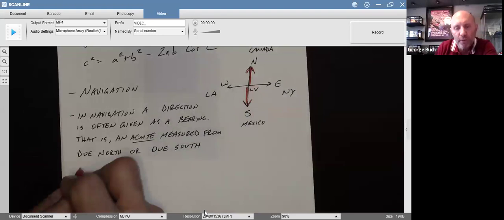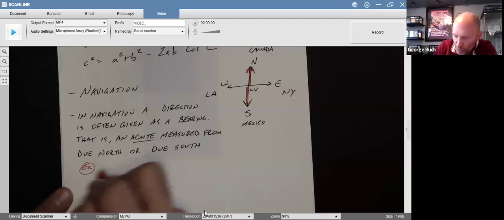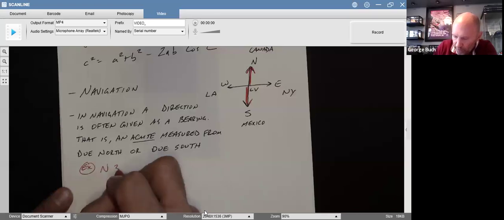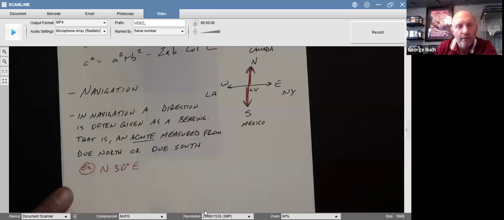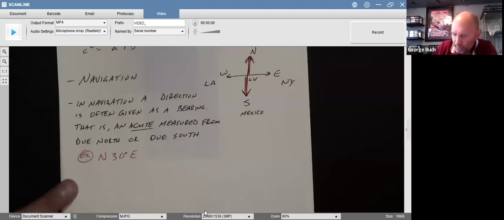When you are drawing these pictures, so for example, let's say I have north 30 degrees east. That is a bearing that is indicating navigation to us.